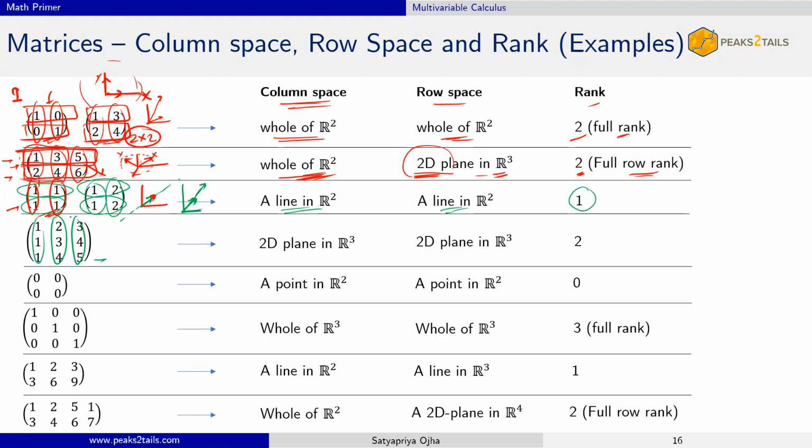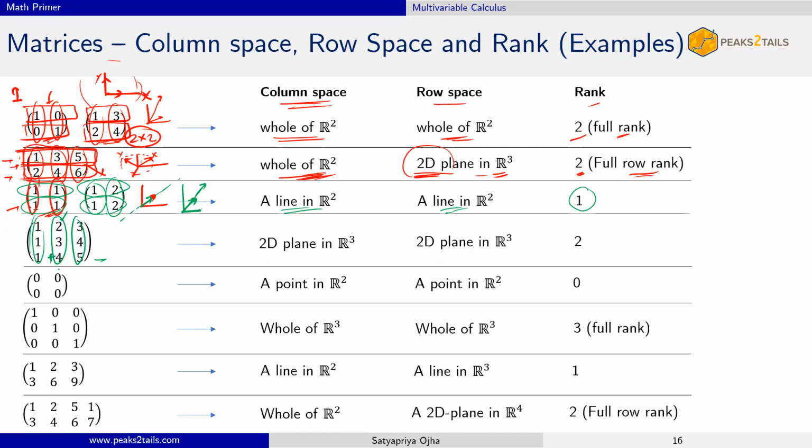Mridul says they are not. Why? Yes, that's correct. If you add the first two, you get the last one, right? Or you can say if you subtract the second one from the third one, you get the first one. So there is a perfect linear combination that exists.